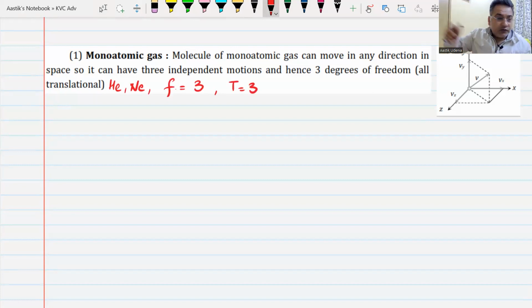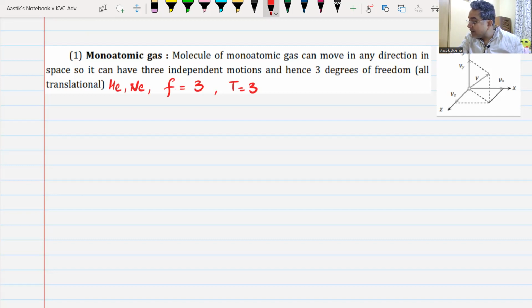Atoms can just move; they cannot rotate. Atoms can move in all 3 dimensions. So they have 3 degrees of freedom and all are translational in nature. Do we understand this? Yes, sir. So a monatomic gas will have 3 degrees of freedom, all 3 translational in nature. You understand this? Yes or no? Yes, sir.